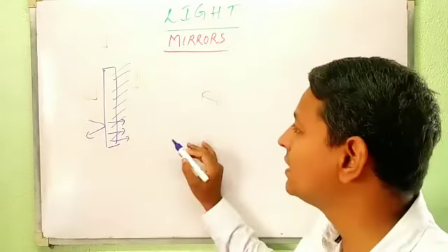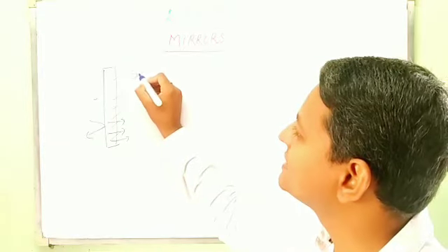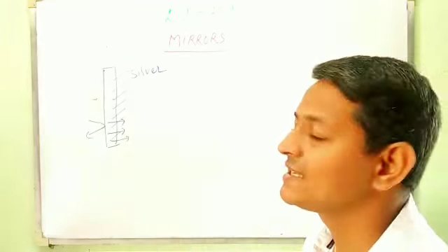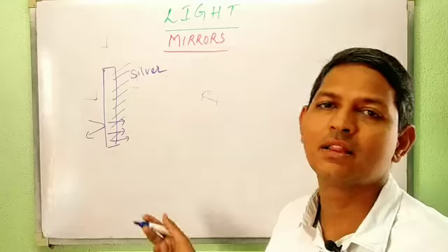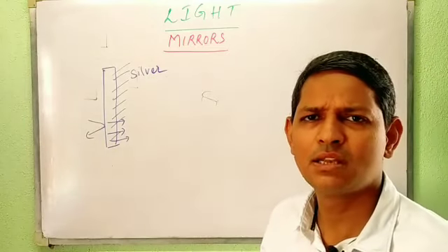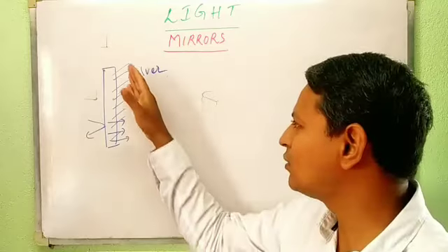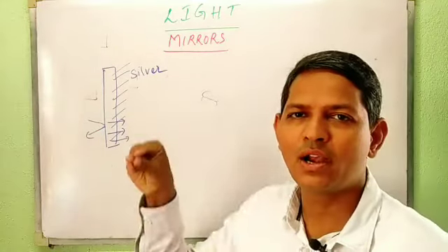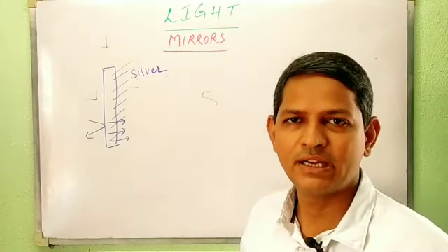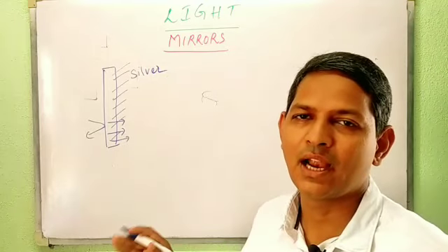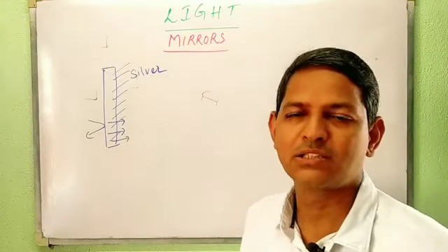So if glass is coated with silver, that becomes a mirror. But silver coating can be removed very easily, so that is the reason why after coating silver they coat a red color paint on it so that it sticks to the glass and it lasts long.